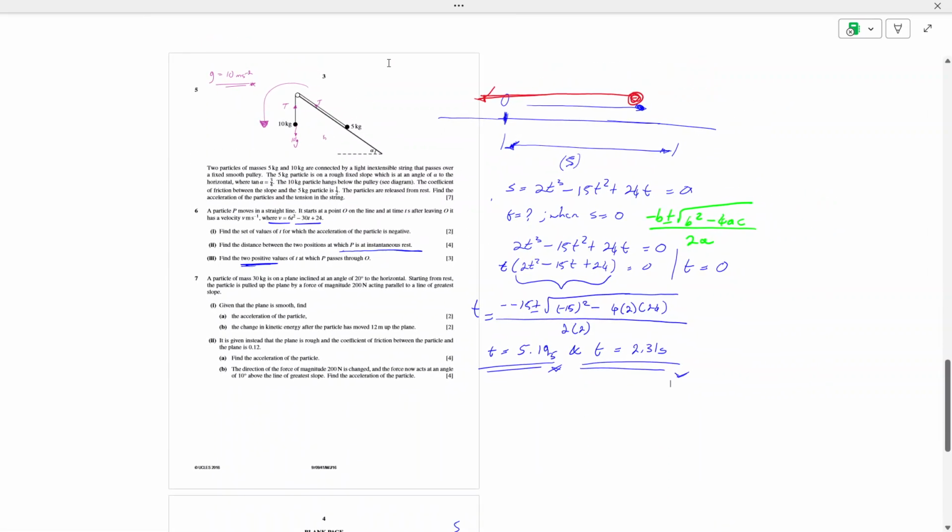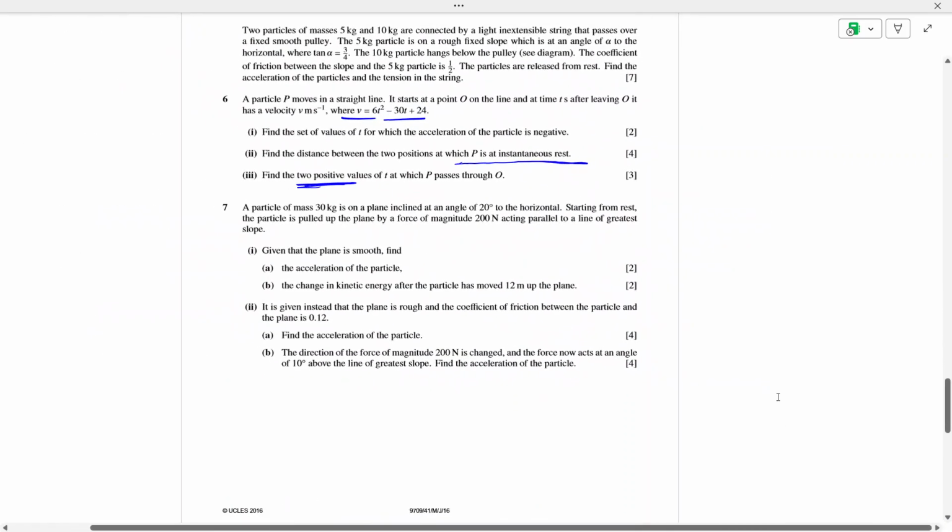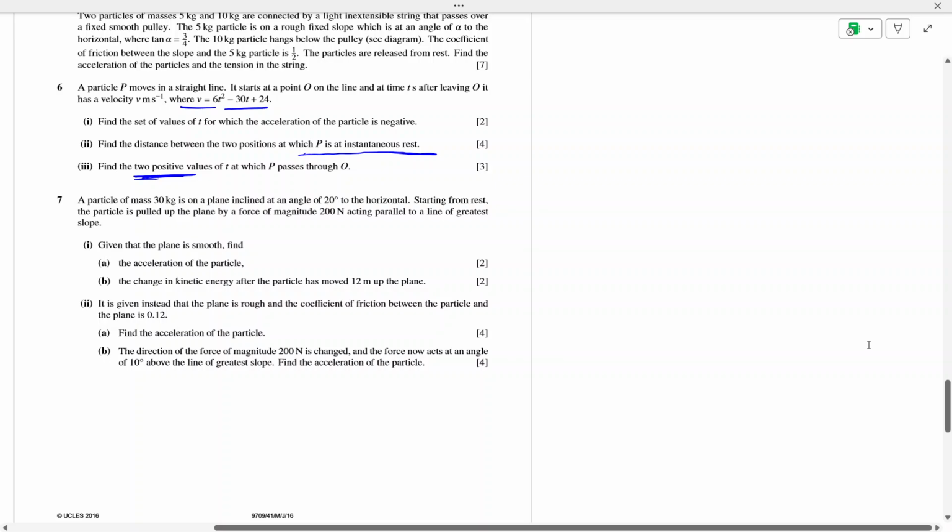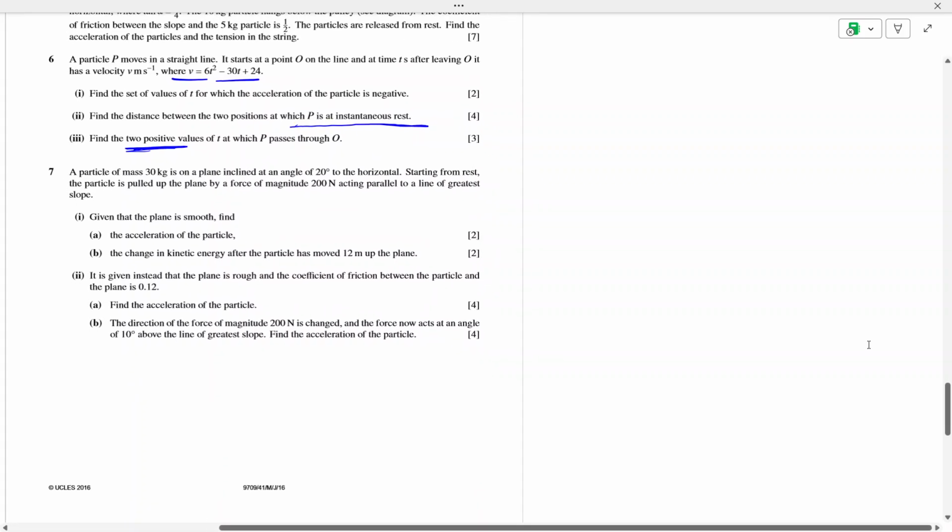Now, question 7. I'm just going to make space again. Right, question 7. A particle of mass 30 kg is on a plane inclined at an angle of 20 degrees to the horizontal. Starting from rest, the particle is pulled up the plane by a force of magnitude 200 newtons acting parallel to the line of greatest slope.